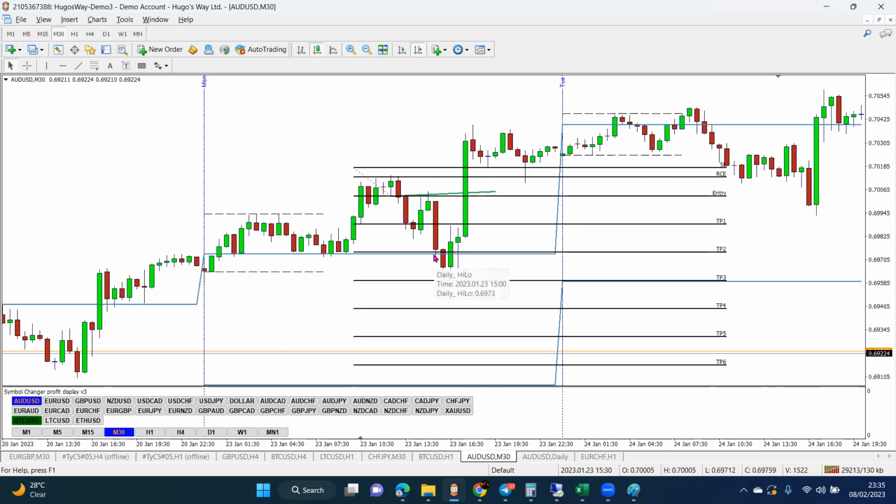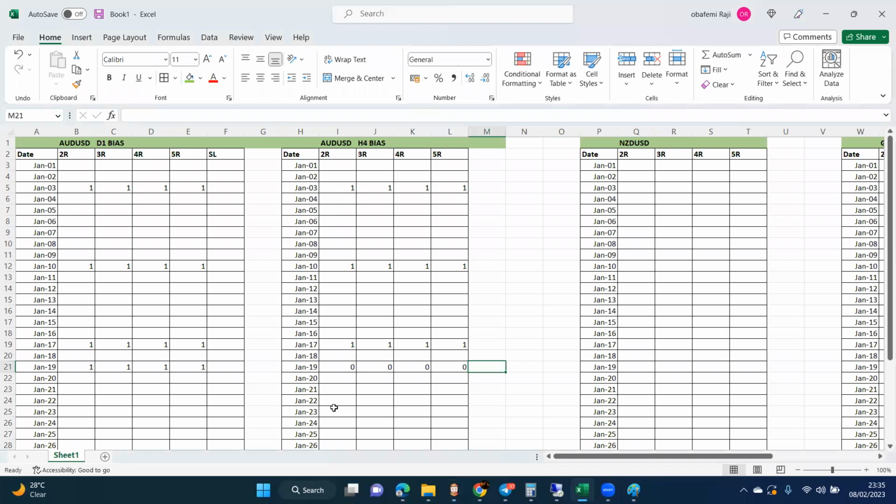So on this particular day, on the 23rd, we were attempting to sell because we're trading our bias from H4, right? So on the 23rd, we're attempting to sell, and what we just made was 0.5%, right? We made 0.5%. So I'll put that somewhere there so we can refer to it later, right?